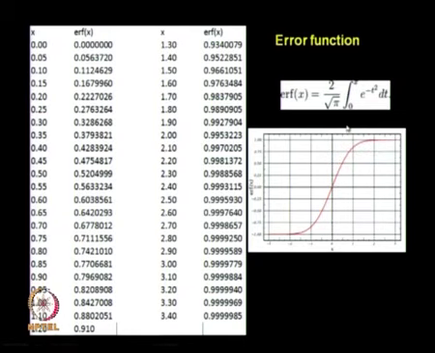So the error function of x is given by 2 divided by square root of pi integral 0 to x e power minus t square dt.